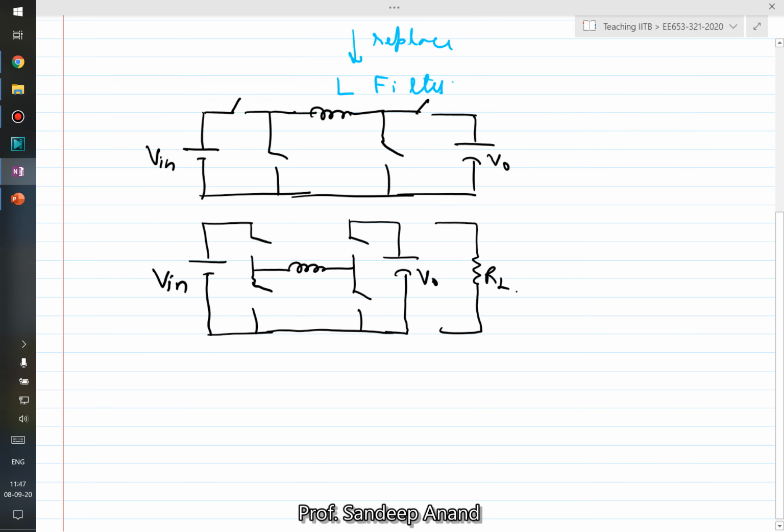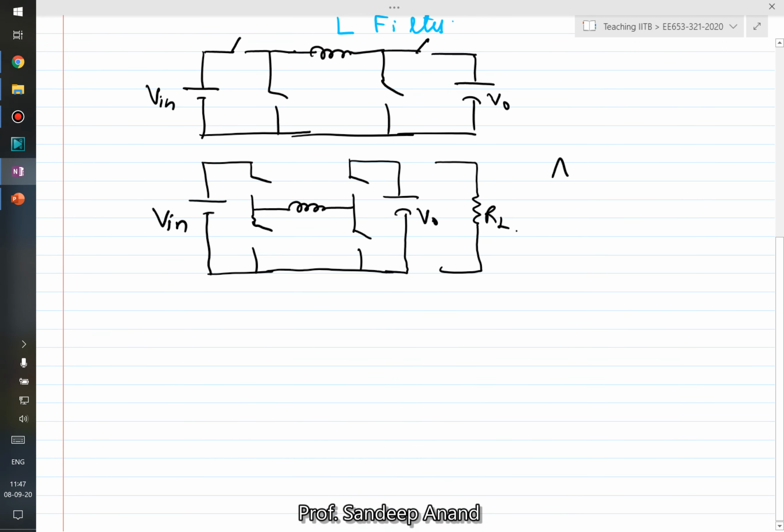This is your non-inverting buck boost converter.